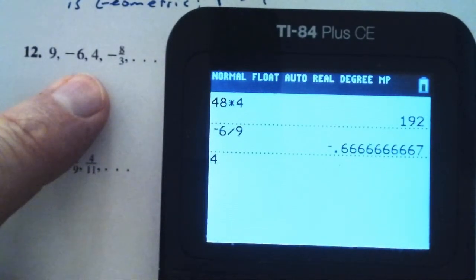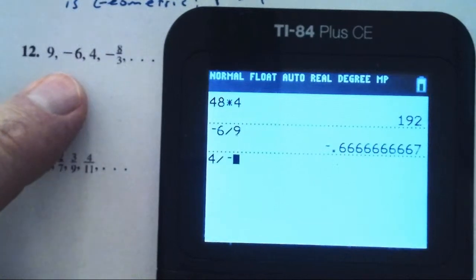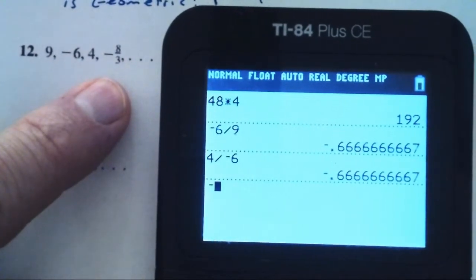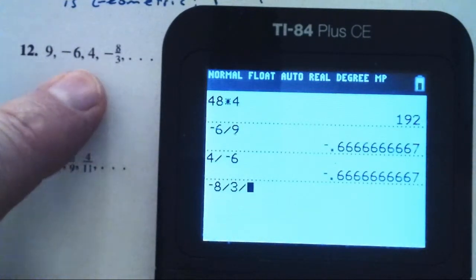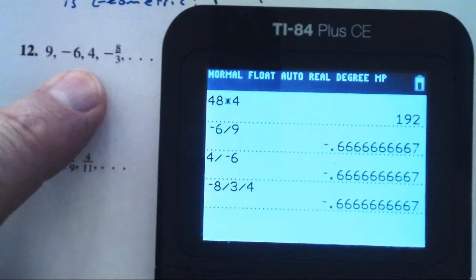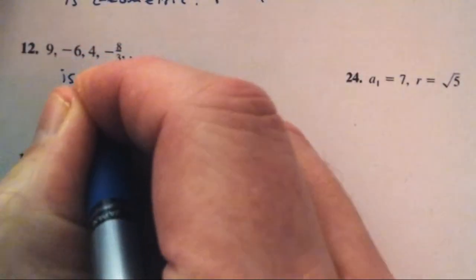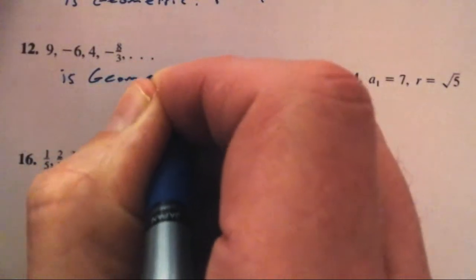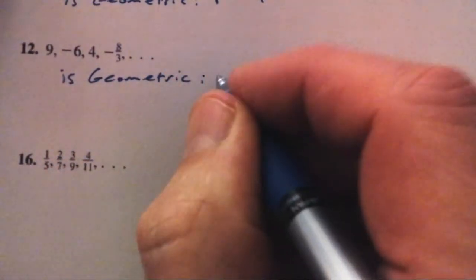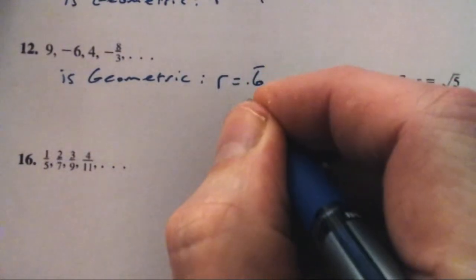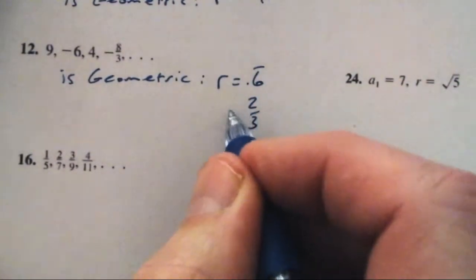Then I would take 4, divide it by the -6, same thing, and then we would take -8/3, divide that by the 4. And we get the same thing. Therefore, this is geometric, and the common ratio is 0.6 repeating, but probably preferred would be 2/3.